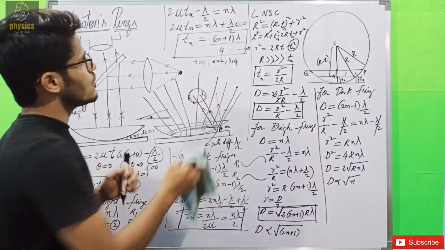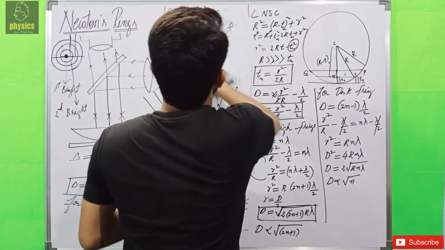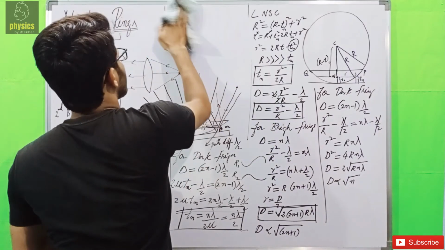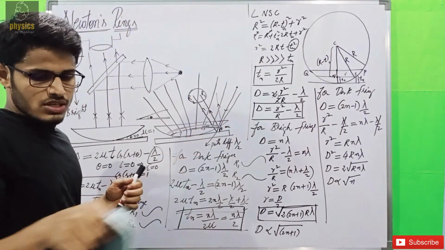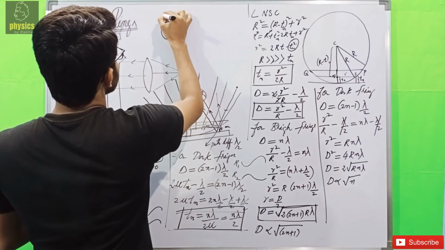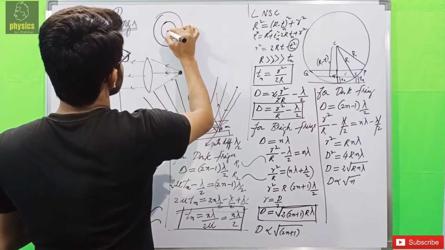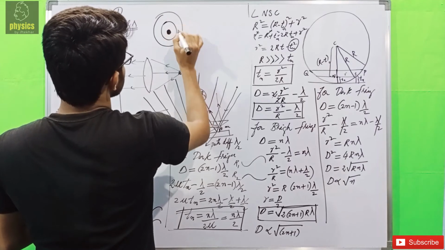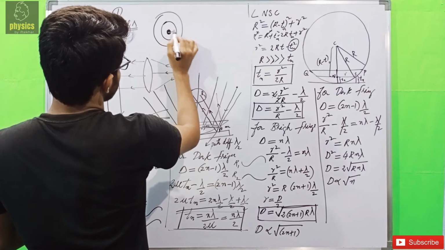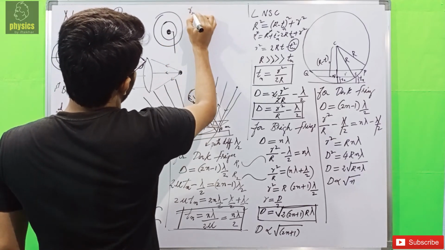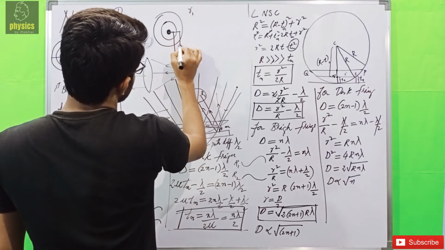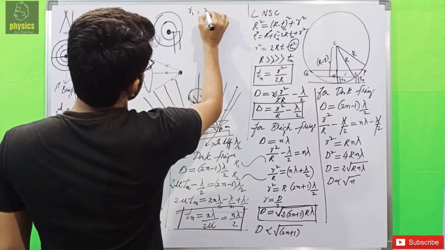So now we will find out the fringe width beta. What is fringe width? The successive distance between two bright or dark fringes. So this is the first bright fringe, and I have to measure the distance. It means I have to find out r sub 1, then I have to find out r sub 2.